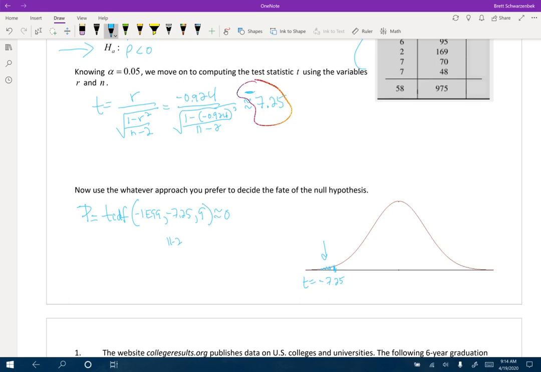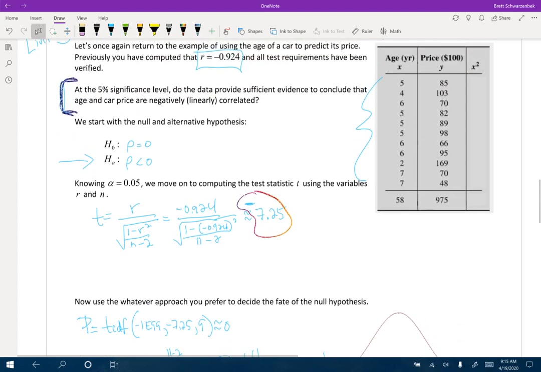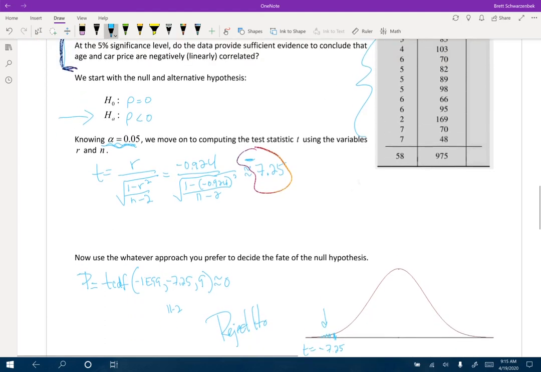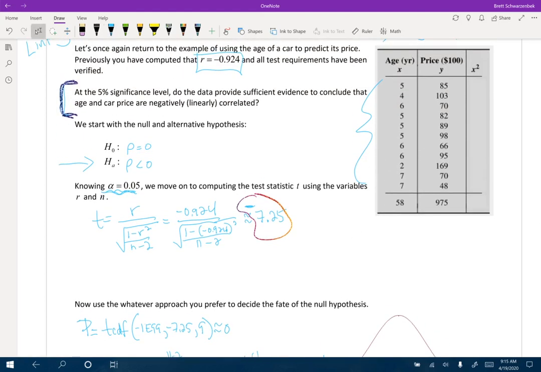So what do we do? We reject H naught because approximately 0 is always small enough to reject no matter what the alpha is. In this case, alpha was 0.05. So what would that mean? So if we reject H naught, well, remember, this means no correlation. This means negative correlation.